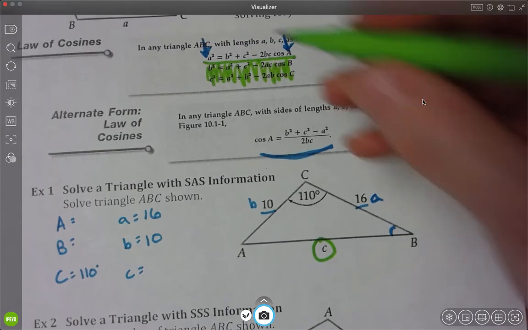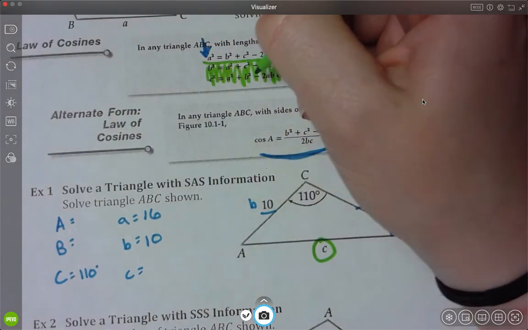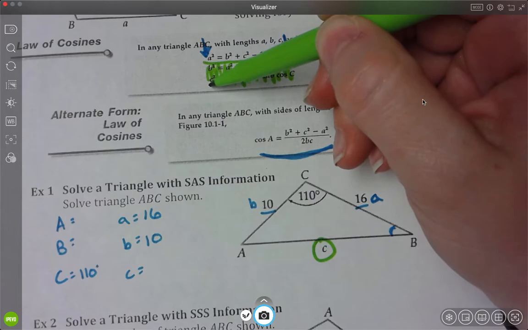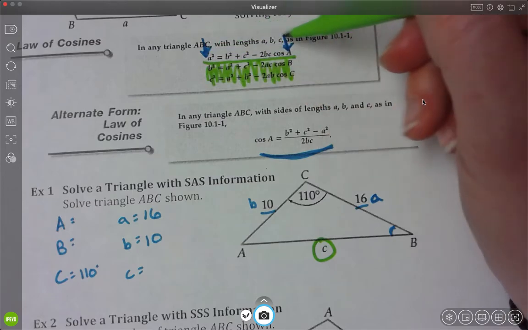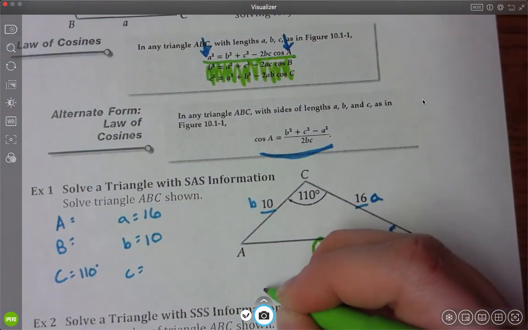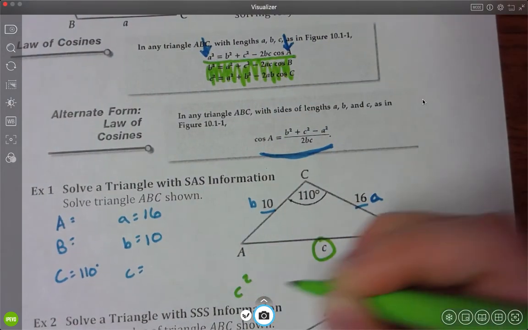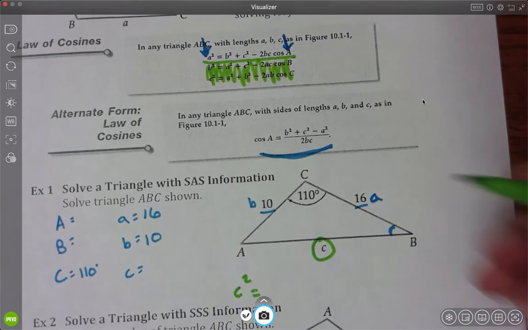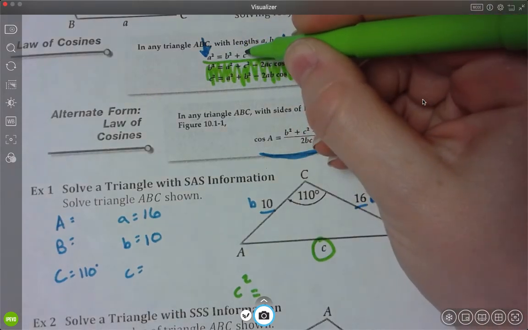So I'm going to use the formula up top here, and technically we're using the third one because that's what C is called, but it doesn't really matter what your A's, B's, and C's are. I just need to know that C needs to be in this first spot. So I have C squared equals, and then from there it doesn't matter which one is B and which one is C. Those are just my other two sides.